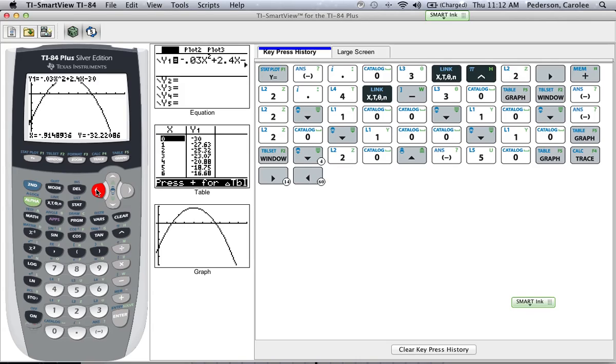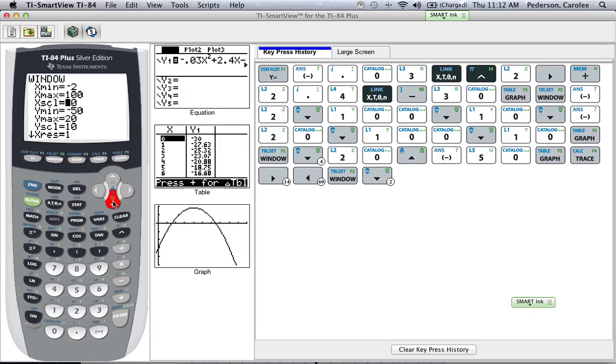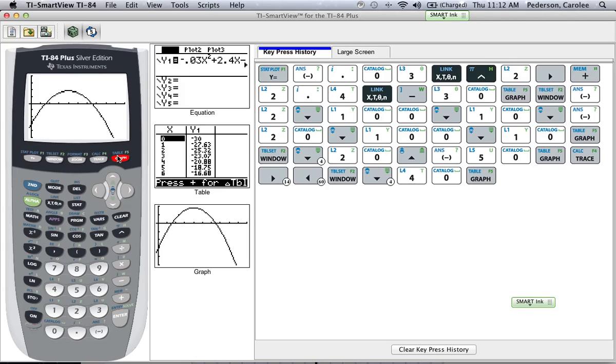Now I want to go up and find the maximum point too. Notice the shape of this graph is a parabola that opens down, so it has a maximum point. I can't really see that vertex point, so I'm going to change my window again by increasing the y-axis to a little higher. I'm just going to arrow down to my y maximum, and let's just go 40. And then push graph again. And now I can see my graph.